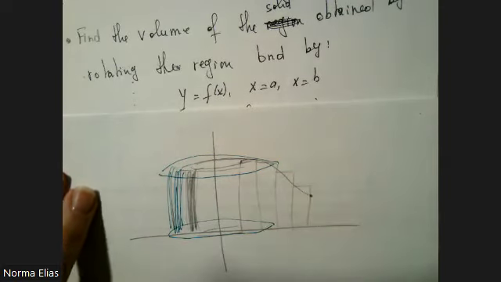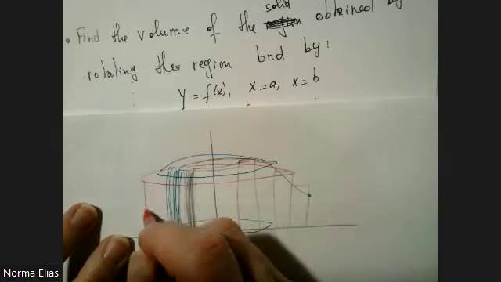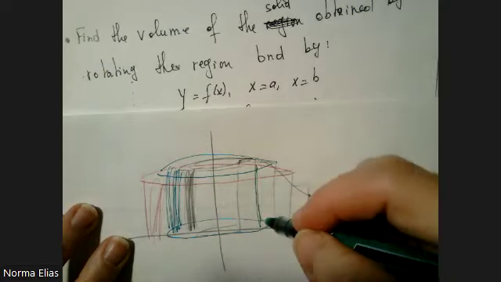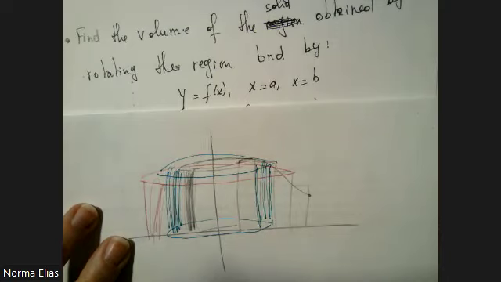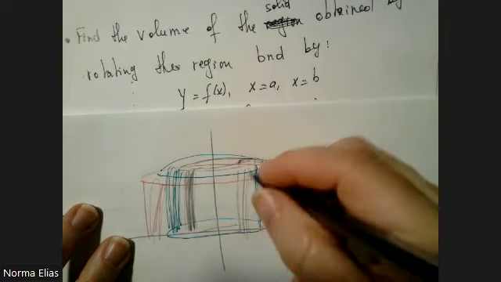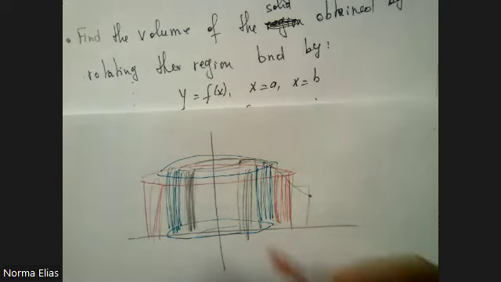So I'm going to fill this whole region with cylindrical shells. And then I rotate this, and I'm going to get another cylindrical shell. So this would be the green one. That's my green cylindrical shell. And this would be my red. And this will be the pencil one. So it means I'm going to fill the region with a bunch of shells.